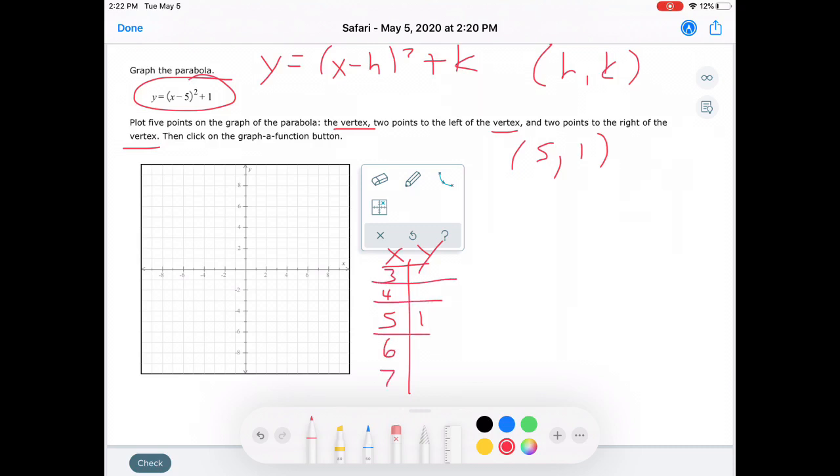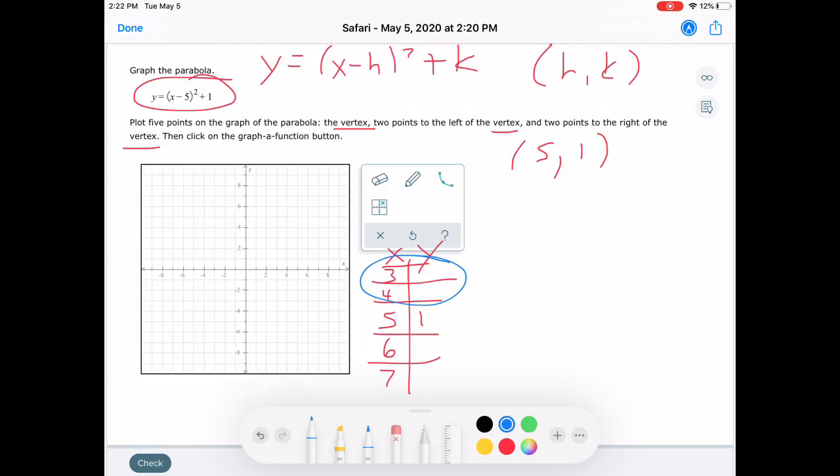If you remember, everything is symmetric, so I don't need to find all 4 of these points. I can find 2 of them and get the other 2. So I'm going to go with these 2 points because I'd rather use the smaller numbers. It's a little bit easier to do math.